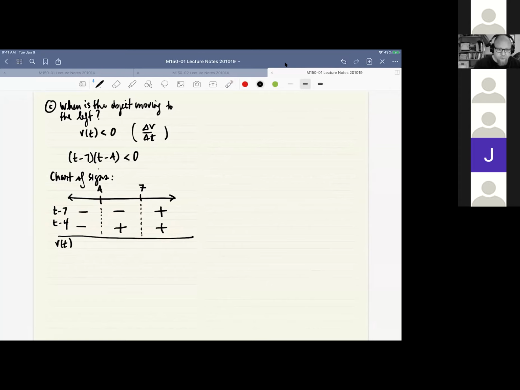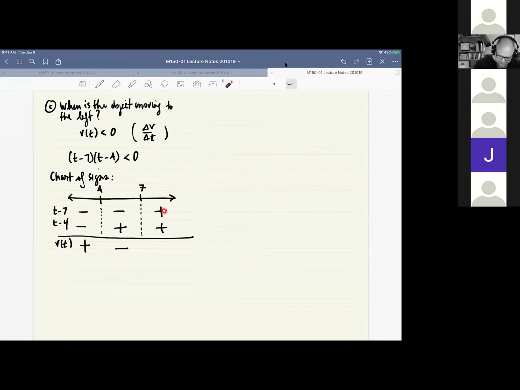Okay, so now what do I do with this? Well, my velocity function is the product of those two factors. And so the sign of the velocity comes from the sign of these two things. In fact, the sign of the velocity is the sign of the product of these two things. A negative times a negative is a positive. A negative times a positive is a negative.